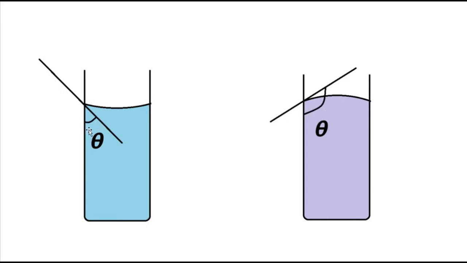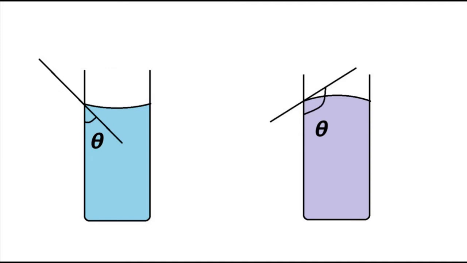Acute is lesser than 90 degrees, obtuse greater than 90 degrees. This is the angle between the tangent drawn to this curved surface, whether it is concave or convex, and the boundary where the liquid touches the solid. The angle between the tangent and the boundary is the angle of contact. So these are the three important concepts.